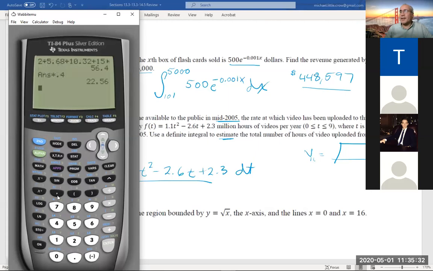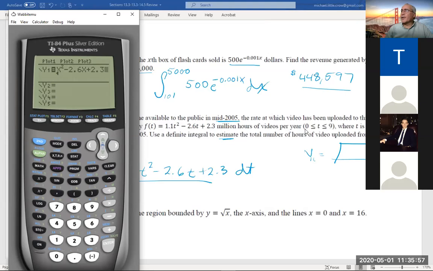Oops, I have to hit enter. So again, 1.1 x squared minus 2.6 x plus 2.3.